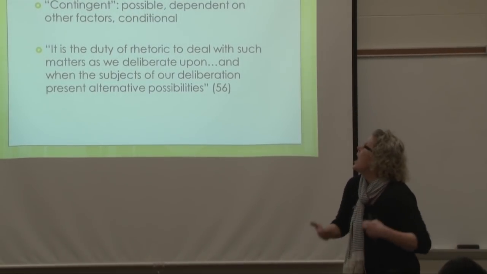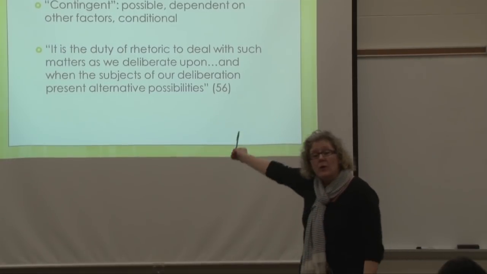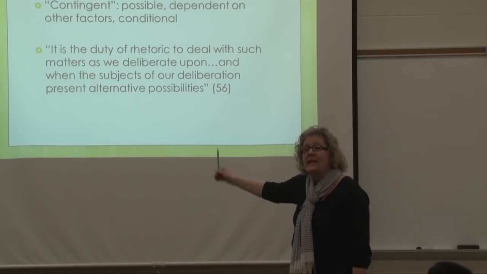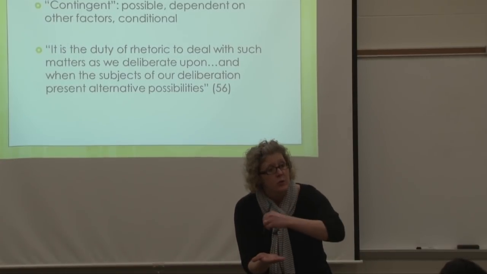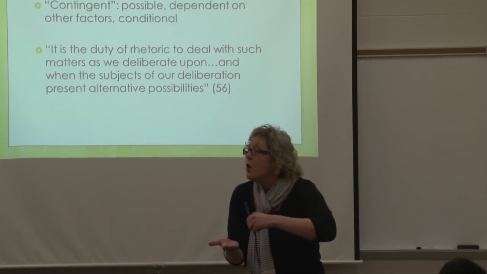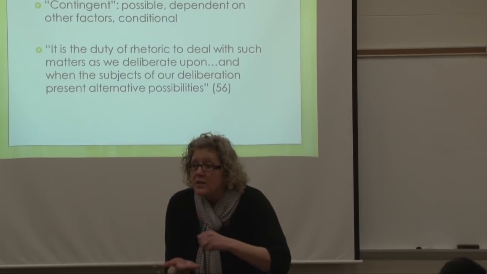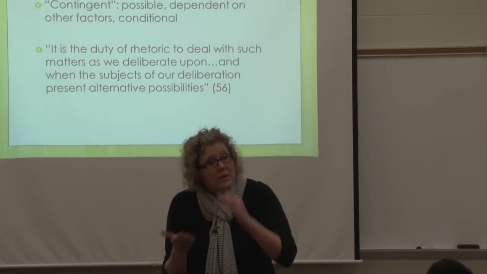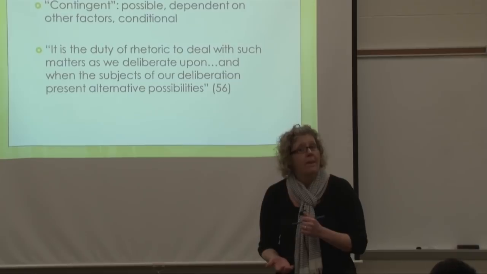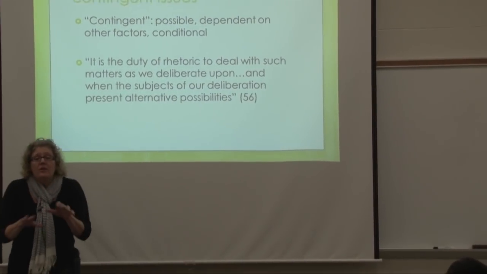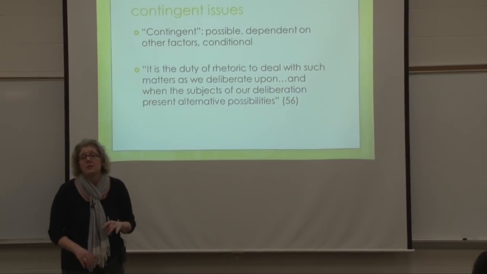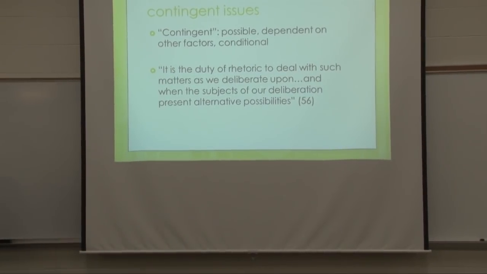So things become contingent, and rhetoric helps societies, people, human beings figure out contingent issues. Who should we believe? What should we do? What's a reasonable course of action? What's the right way to go? So that's why rhetoric is so important, because it deals with everything that we are not 100% certain about, which is a lot.